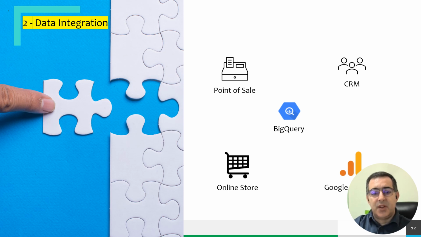after this data integration. So data integration, as I said, you're going to use BigQuery, and BigQuery is a data lake. So you're going to put all the data together. Google Analytics 4 is already there. We're going to put CRM data, point of sale, and online store. This is just an example. You can put in more, and it depends on whether you are a data-poor marketer or a data-richer marketer.